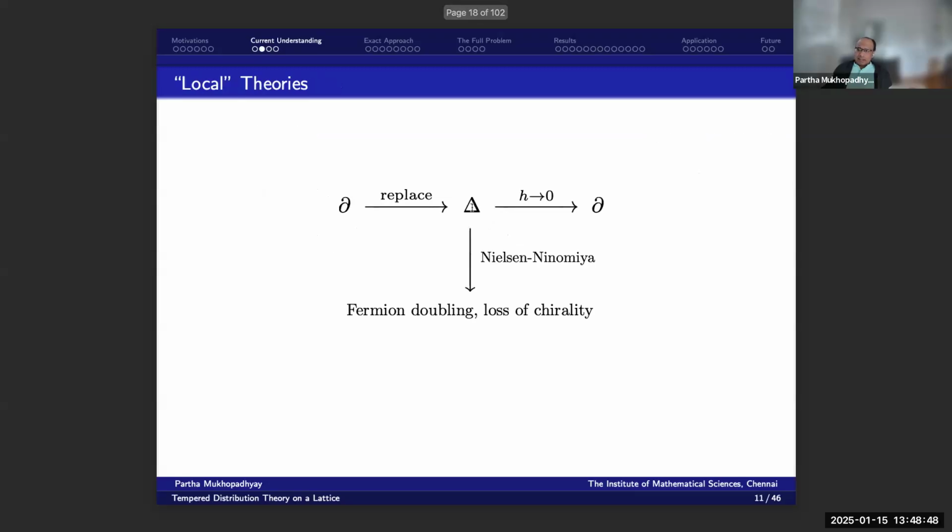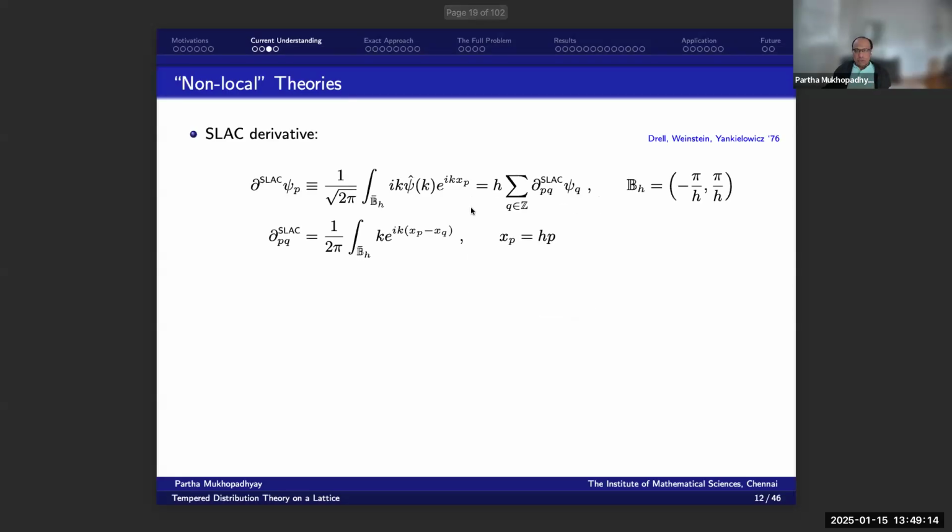One of the conditions of the Nielsen-Ninomiya theorem is locality, since there is a non-uniqueness of what you write as a discrete derivative. If the discrete derivative is a finite power of the difference operators, which means that the derivative operator is connecting a finite number of lattice sites together, then this theorem applies, but this is not true for non-local theories.